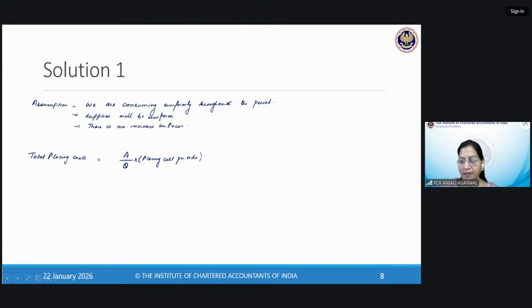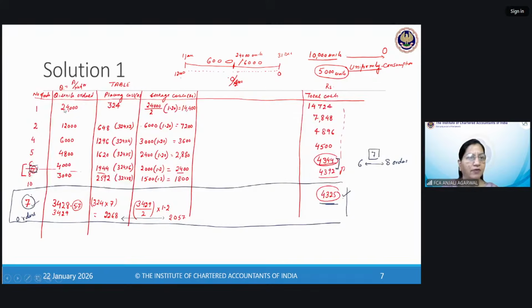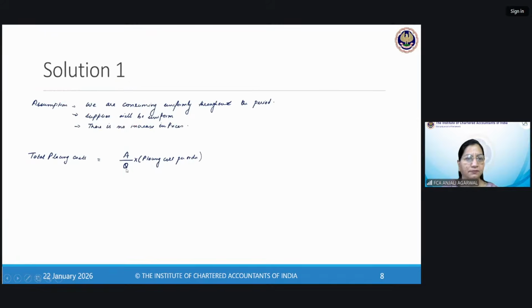So if you apply this formula, this is what we have done in the previous illustration. 24,000, number of orders is 1. So here we have calculated quantity ordered by A divided by number of orders.